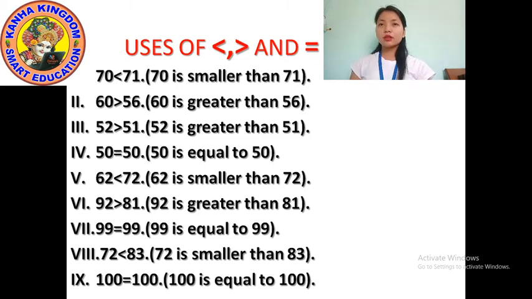Usually we use symbols to save our time, because if you write "smaller than, greater than, equal to," it takes a lot of time. If you write only one symbol, it says it is equal to, greater than, or smaller than. So try to use these three symbols to save your time.